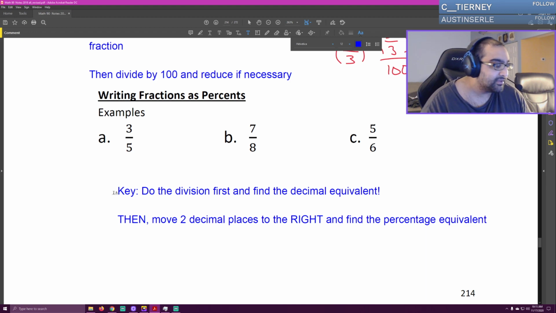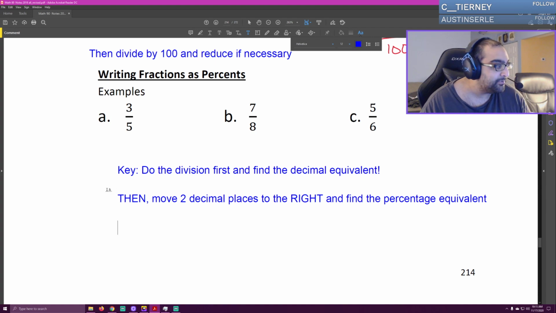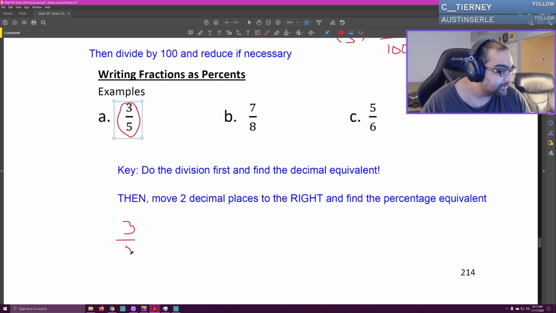So here's a simple example. Here's this very first one you see here for 3/5. If you were to actually do 3/5, you do 3 divided by 5, because that's what 3/5 represents. Now, if you did that out, 3 divided by 5 would be equal, as a decimal, to 0.6.